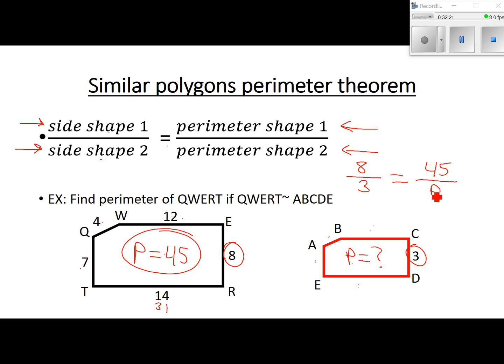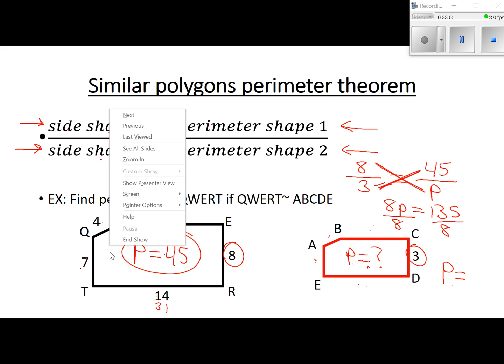So we're just going to call it P. And then you can solve that proportion. 8 times P is 8P. 3 times 45, that's 135. And you can divide both sides by 8, and that's going to leave you with just whatever P equals. If you divide that out on your calculator, that's going to tell you the perimeter of this shape. And all we had to do was solve one proportion instead of finding all these missing sides and adding them all up. So that's one theorem.